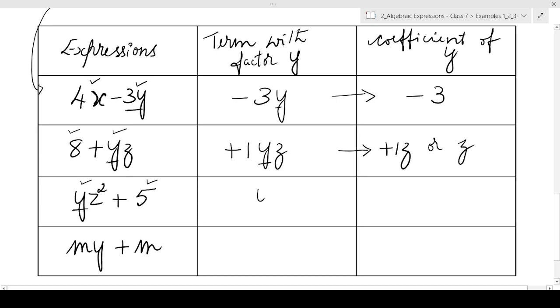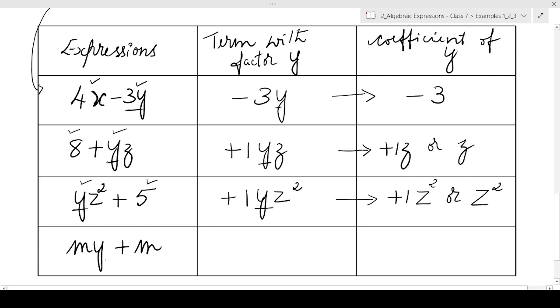So we write over here yz square. Sign is plus. If there is no number, it is 1. Now finding out what the coefficient of y is, leave y and whatever remaining things are there, that you need to write over here. So it is plus 1z square, or you can simply write it as z square. Both are right.